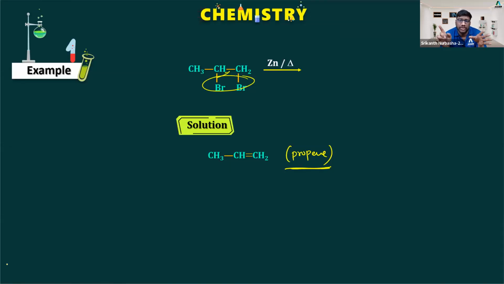Finally, generation of the more substituted alkene. Then you have methods like treating vicinal dihalide with zinc dust to form the respective alkene, and also E1 and E2 elimination of alkyl halides to form the respective alkenes by dehydrohalogenation reactions. Those are the methods of preparation of alkenes.